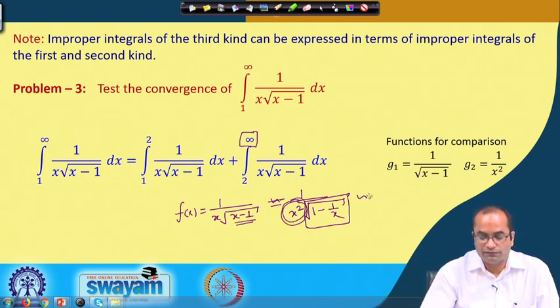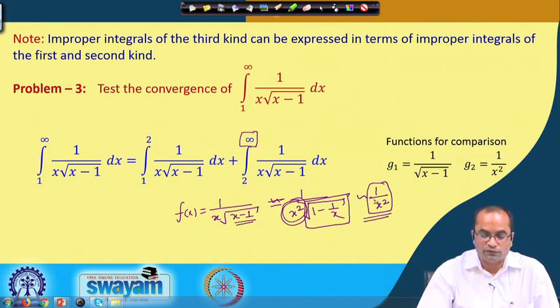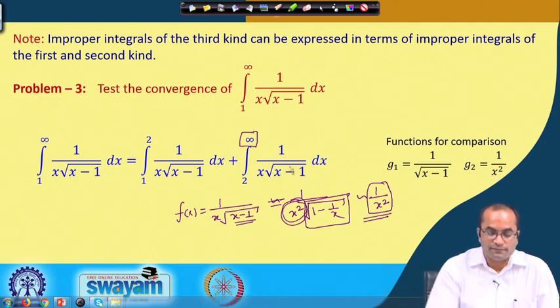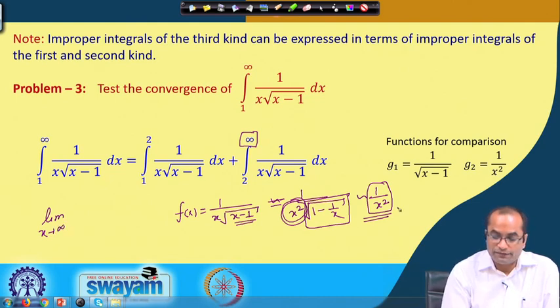So, the behavior of this function is like 1 over x square as x approaches infinity. So, we take g as 1 over x square, and for the comparison test we take the limit as x goes to infinity of f(x) over g(x).